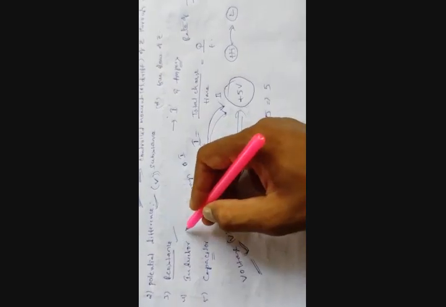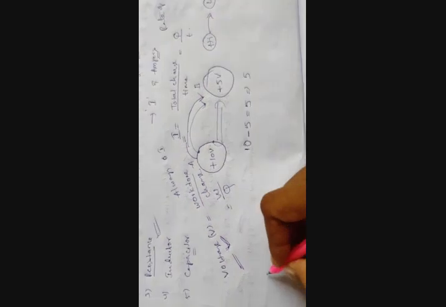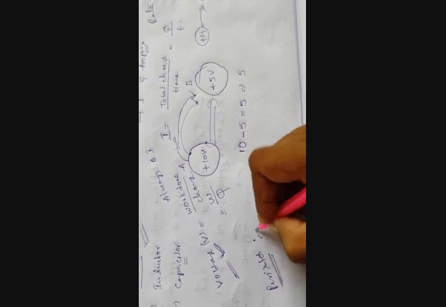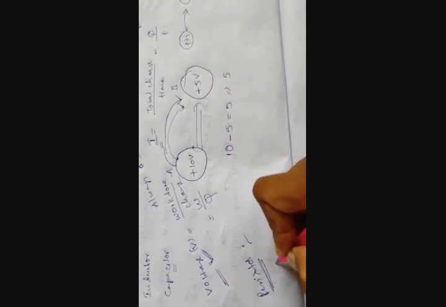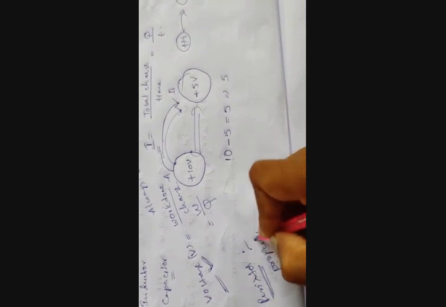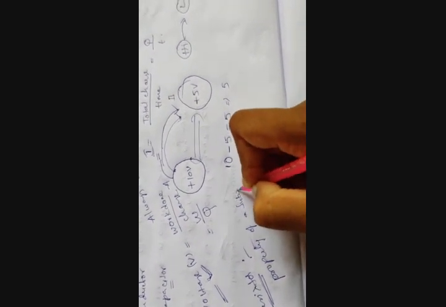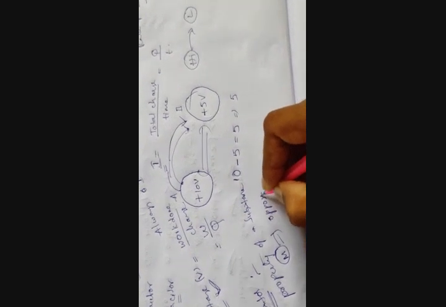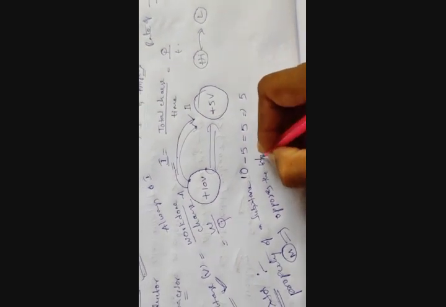And the third one is resistance. Actually, the resistor is the property of a substance or a material which opposes the flow of electrons or electric current.